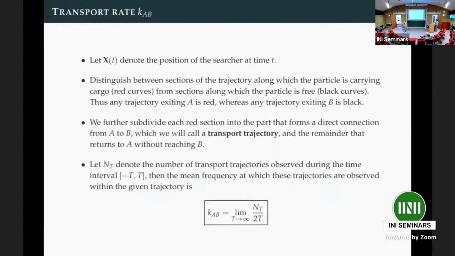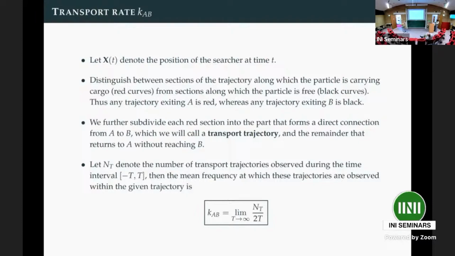So you want to define your effective reaction rate in the chemical case, or the effective delivery rate of resources to the target, by taking a finite time interval from minus T to T, counting the number of paths in this single trajectory that goes on forever, that cross and are direct paths from A to B, dividing by the time interval, and taking the limit as T goes to infinity.